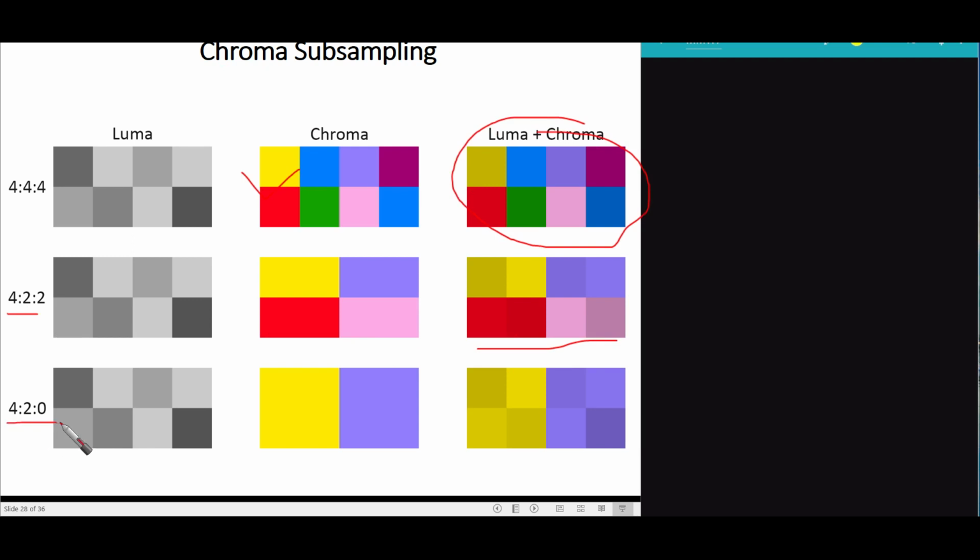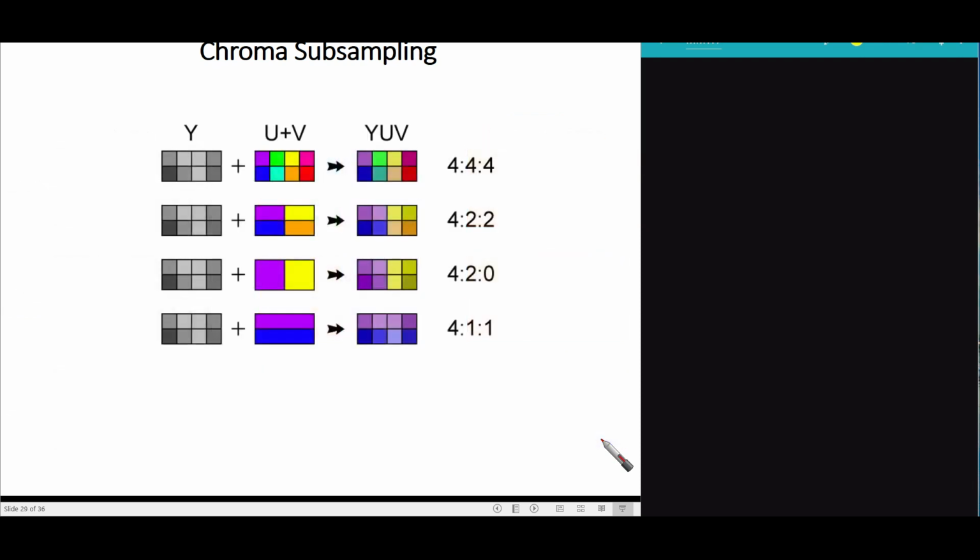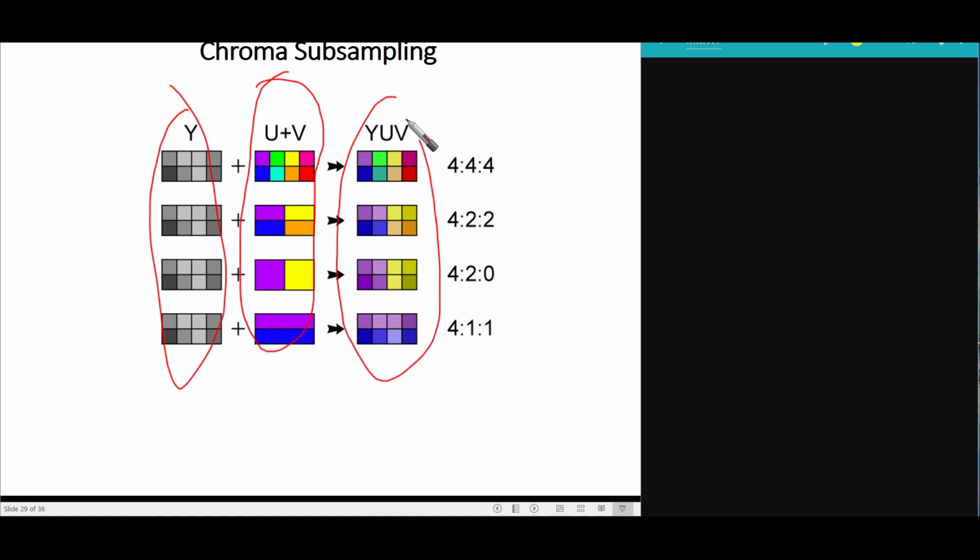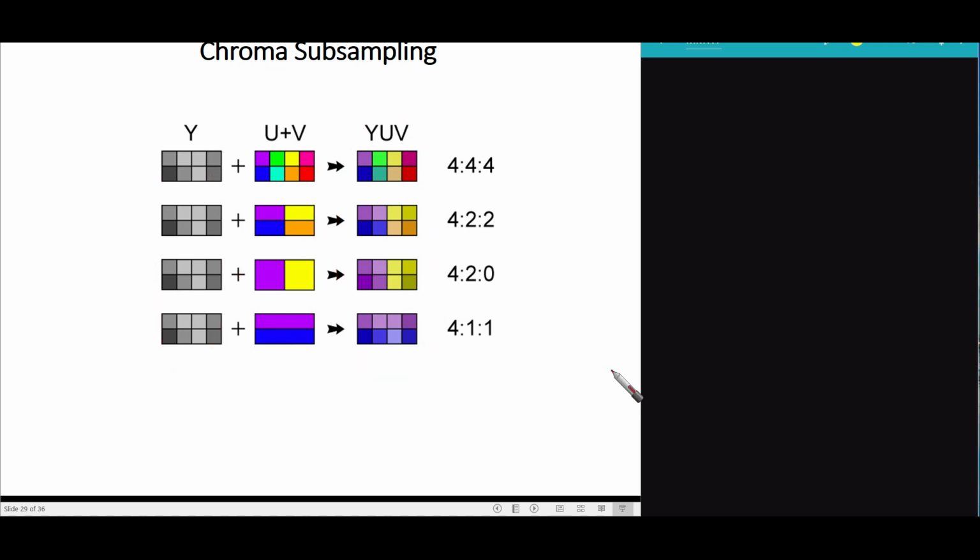And if you use 420 subsampling, it perhaps looks like this one. But because it is pixel by pixel, we don't feel much difference. It is also the same. This is Y information, this is, let's say, U plus V information, and this looks like Y plus V.